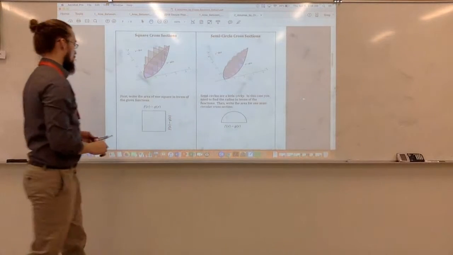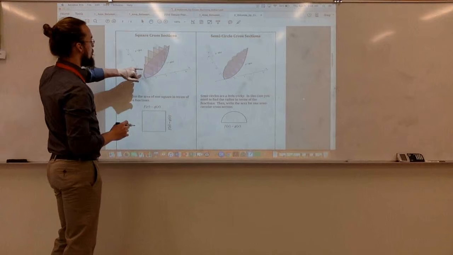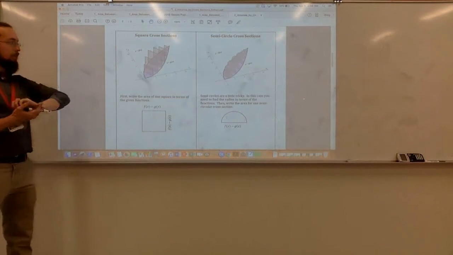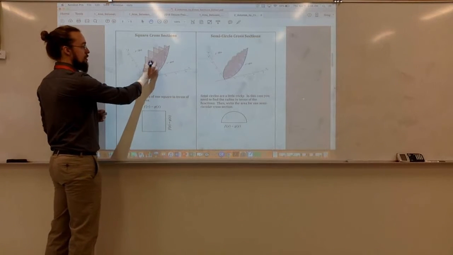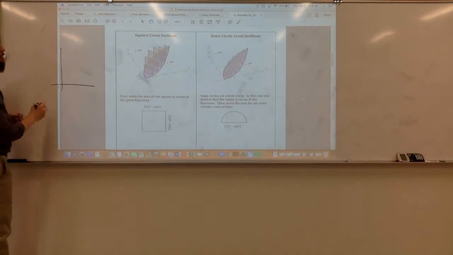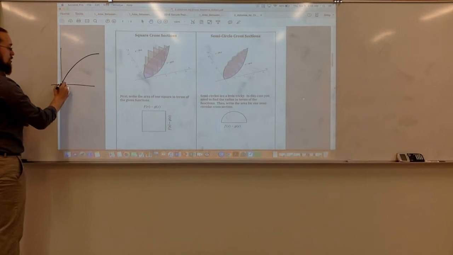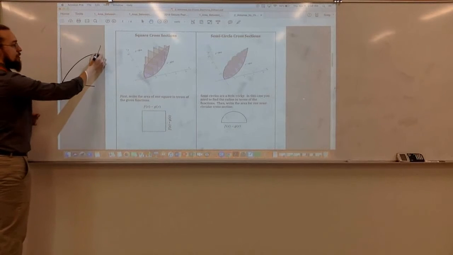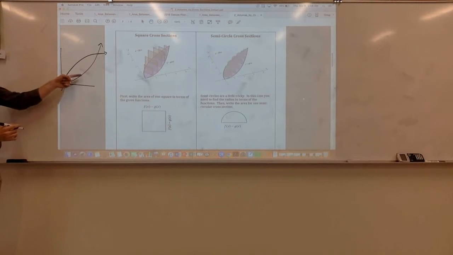So here, on this example, if I'm told that cross sections are taken perpendicular to the x-axis, what I'm looking at is the squares have a base that's the difference between those two curves. So let me draw this on a two-dimensional plane here. We've got something like this, and then like this, right? So I'm saying there are squares coming out of the board, perpendicular to the x-axis.